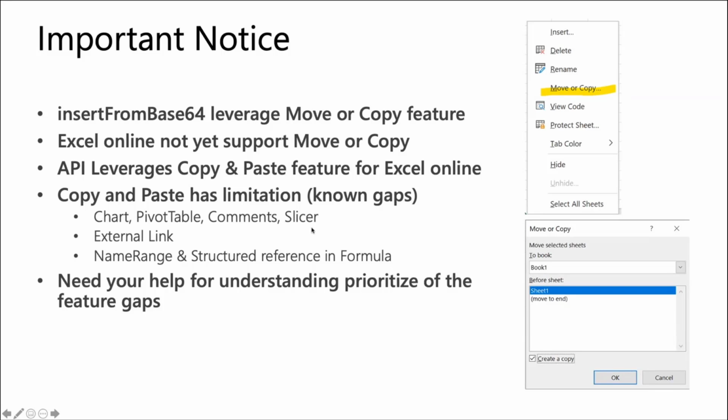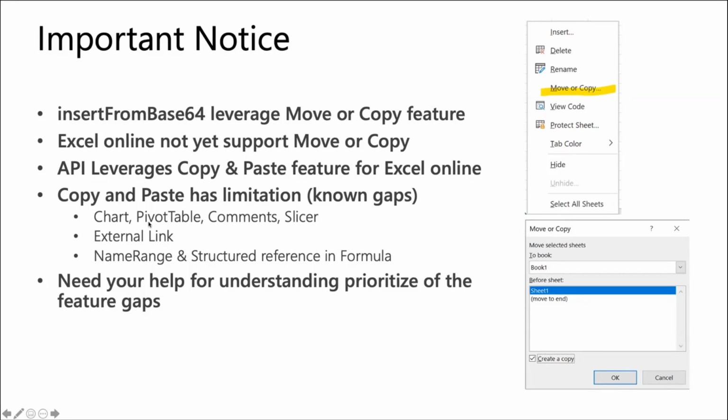This is a known gap. Besides that, we also learned that there are some external links. For example, if you reference another workbook, then this will not be copied correctly. We also learned that named ranges and structured references in formulas are not supported in the copy paste feature. Therefore, if you have this information, it might not copy correctly.